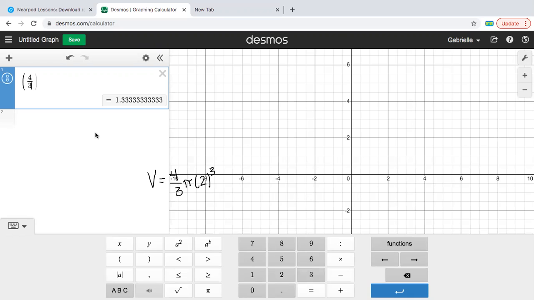And then next to the fraction, outside the other parenthesis, pi. And then in parentheses, I like to put 2, the radius. And to do cubed, you see where it says a to the power of b? You'll press that and it'll bring up the exponent and you'll put the 3 there. And then it'll give you your answer. So everyone should get 33.5.